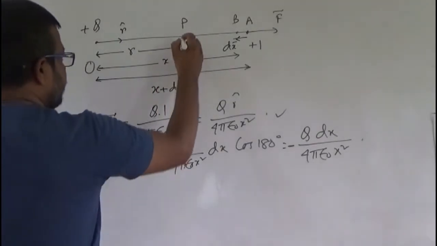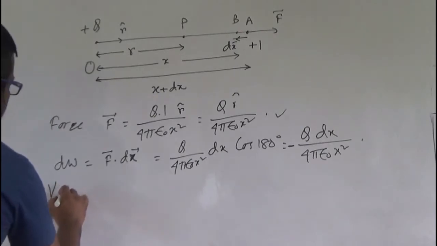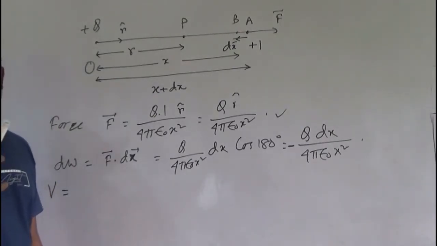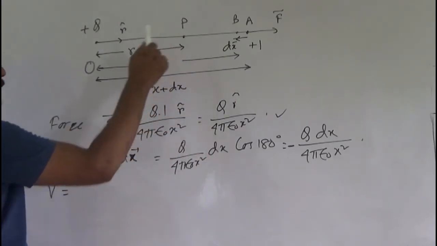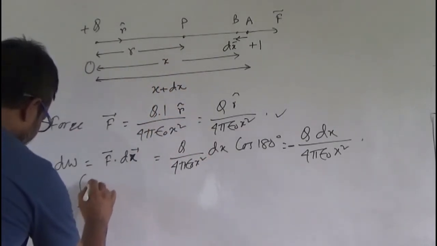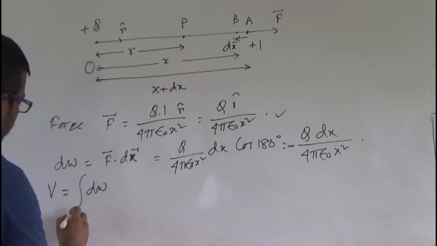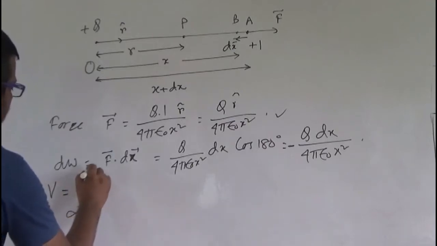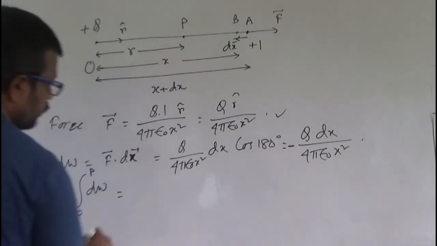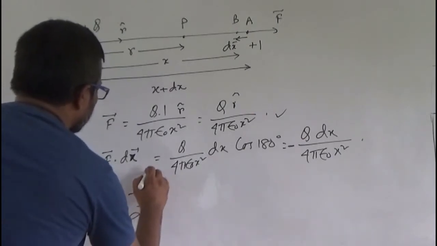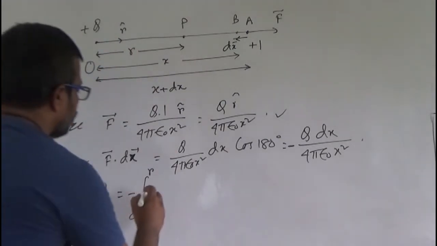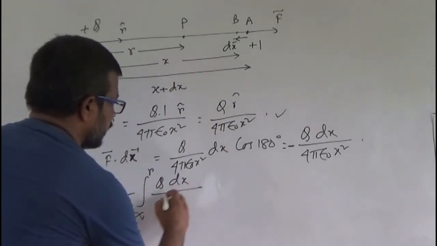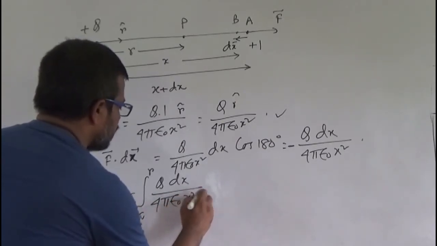Now, what is the potential at P? Potential at P is equal to the work done to bring the unit positive charge from infinity to the point P. That means it is integration dW, and the integration is carried out from infinity to the point P. That means we can write from infinity to r, where r is the distance of the point P from point O, minus Q dx divided by 4 pi epsilon naught x square.